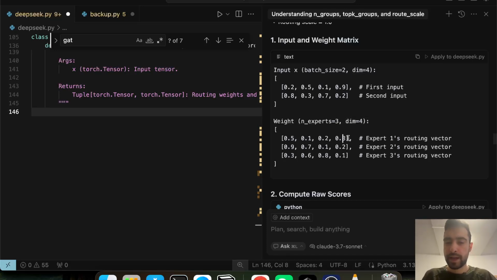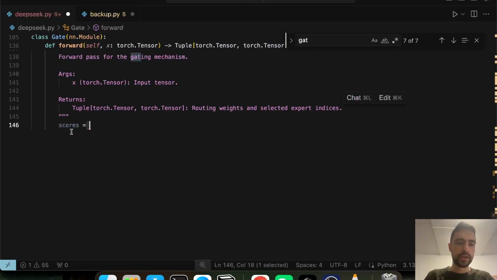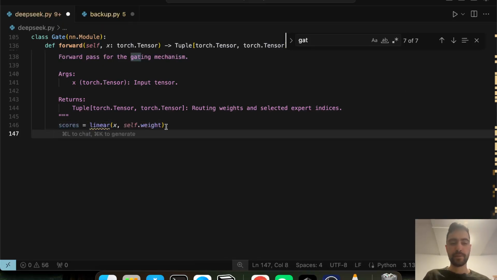So we will do dot product of this expert and this token and get some score. How well, how good is this expert to use for this token? We will also do this expert with this token, get some score, and do the same for other experts and these two tokens. And that's gonna be our output. So here the scores are gonna be linear input times self-weights. This is what I just explained.